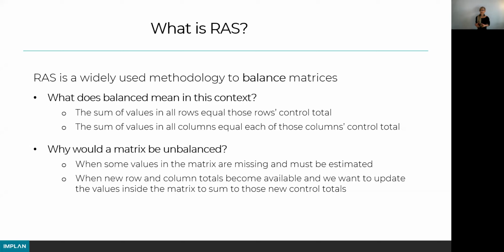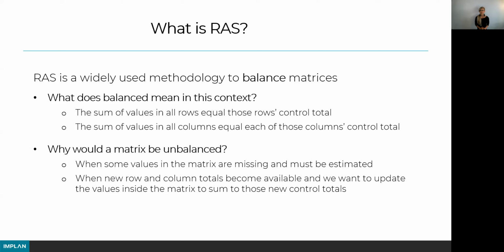By control total, basically what I mean is usually we know what the column totals and the row totals should be. We have good data on those. That is typically the case, or even if we don't, it's an estimate that we feel good about, and then all the values inside the matrix can adjust accordingly so that they sum to these control totals.